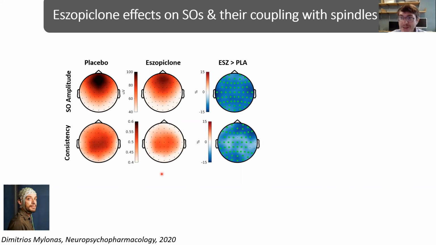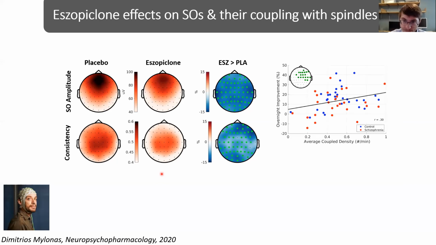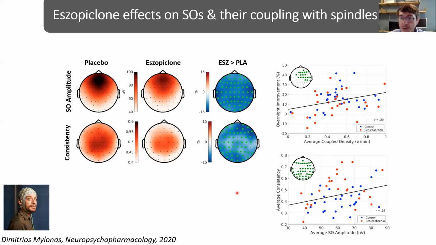As Helfrich found in healthy aging, that consistency is important for memory consolidation, as we found in schizophrenia. So eszopiclone decreases both of these. However, we also found that the coupling density correlated with MST improvement. So, a positive marker that maybe this coupling is a better predictor than spindles alone.